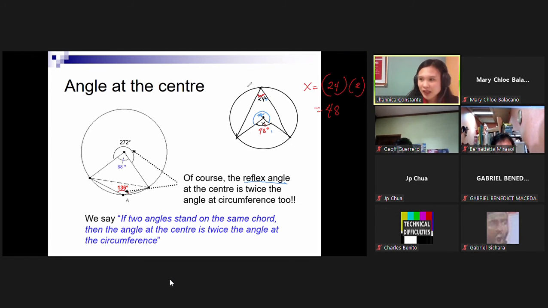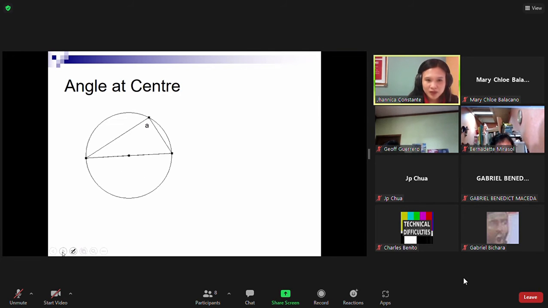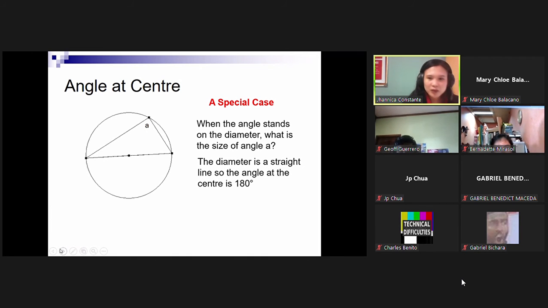Okay, now with the angle at the center property, let's have another example. For example, we have this one. So the special case of angle at the center: if one of the line segments of the triangle is the diameter, that means the diameter is a straight line, so the angle at the center is equal to 180 degrees.